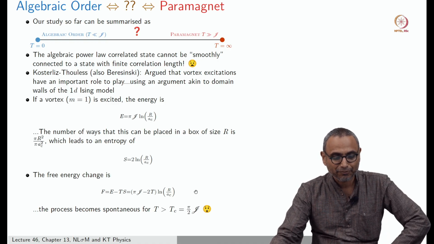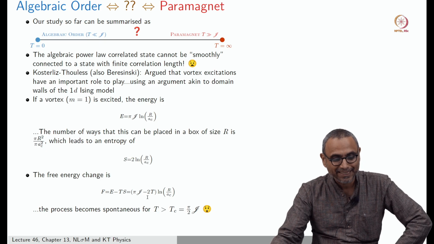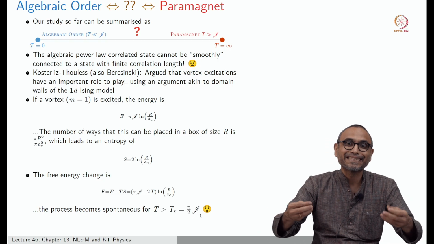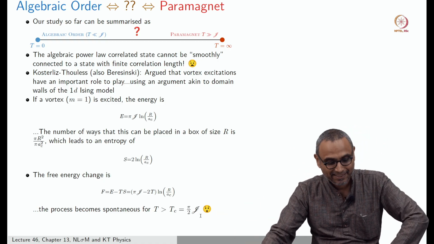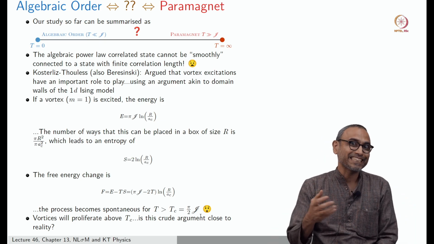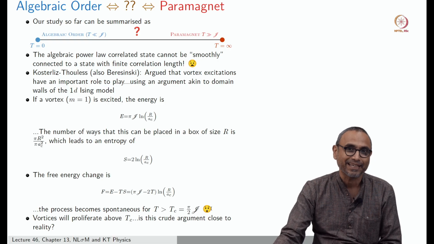Apart from some small core energy, which I can drop because there is a log R here, you will see that this is (pi J minus 2T) log R. So now you see when temperature exceeds pi J by 2, then single vortices can just proliferate, right? So vortices will start to proliferate above this T_c, which is pi J by 2.